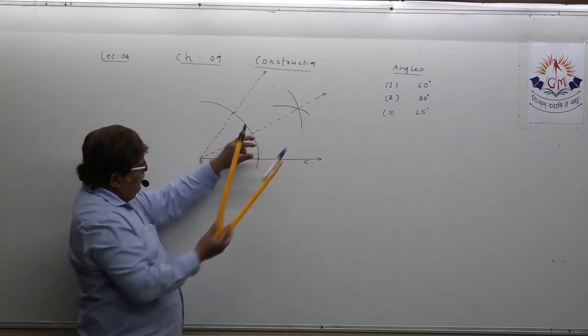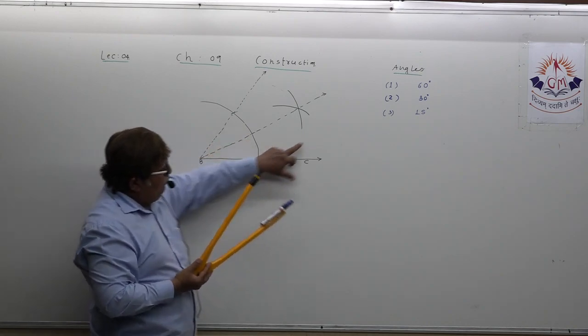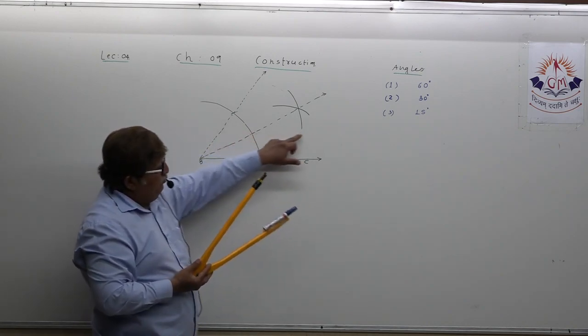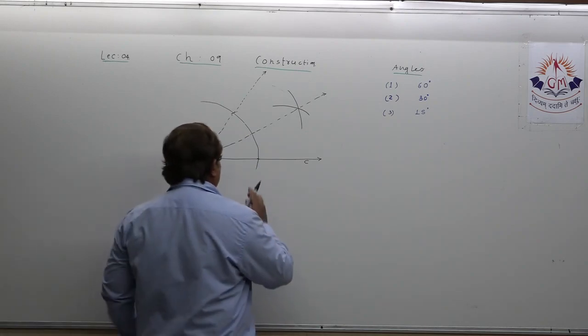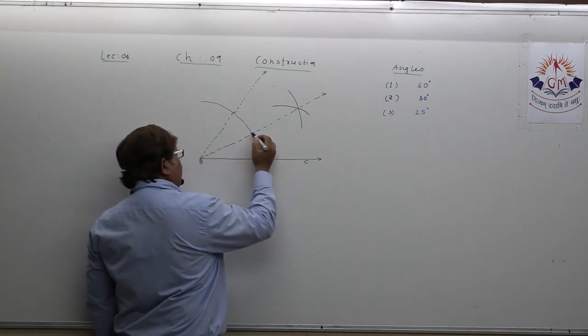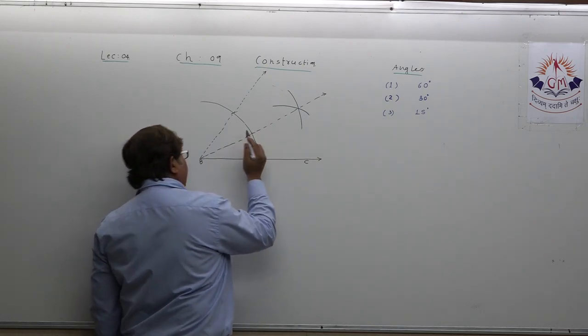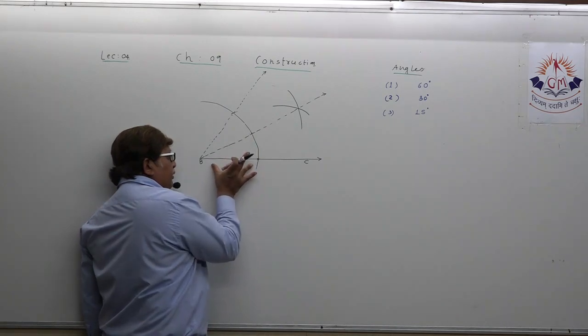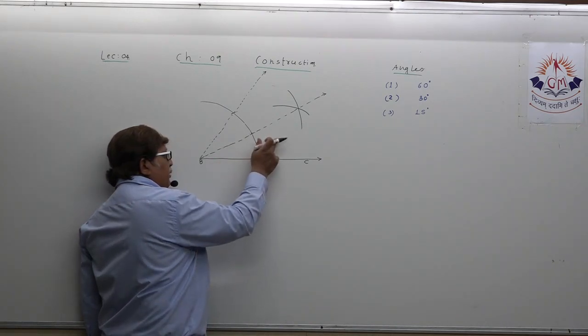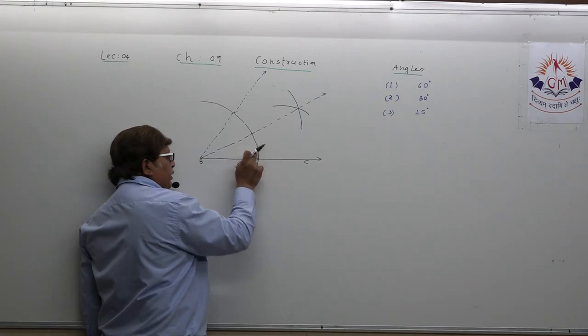Try to understand, this is a very important point. Keeping the same radius, now you have to bisect 30 degrees.